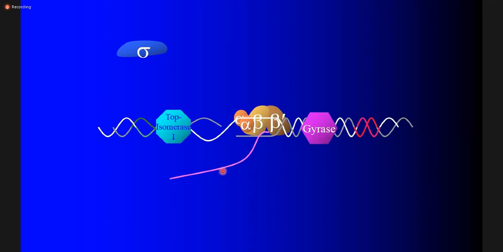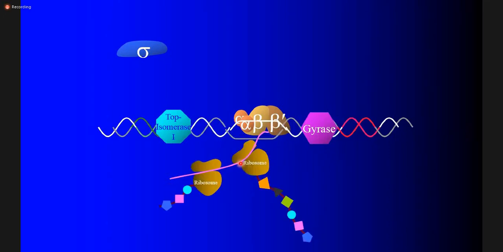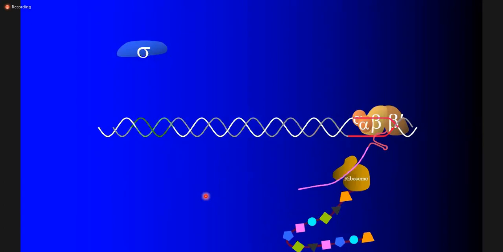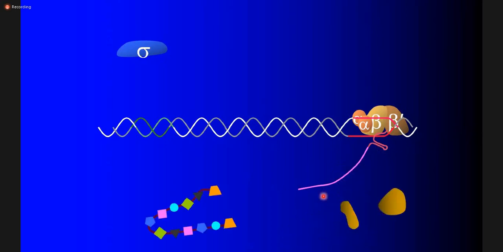The new messenger RNA is being synthesized, and in prokaryotes, the transcription and translation process occurs simultaneously. So during the transcription process, the translation can also occur at the same time. When it reaches the termination site, the GC-rich hairpin-like loop is there that destabilizes the transcription complex, and the new messenger RNA is being released in the cytoplasm.